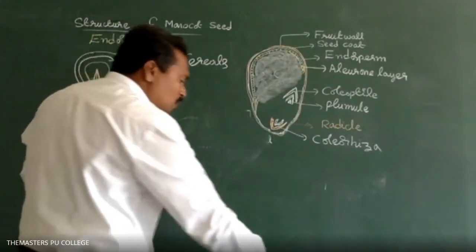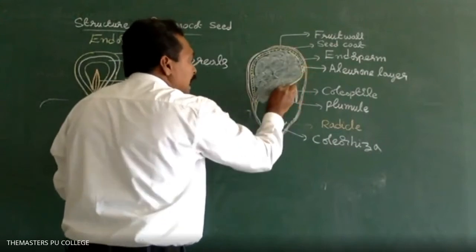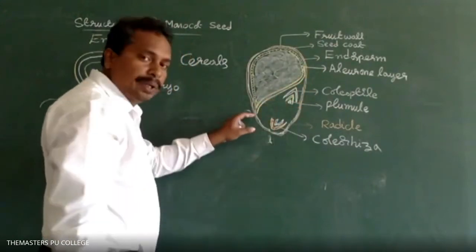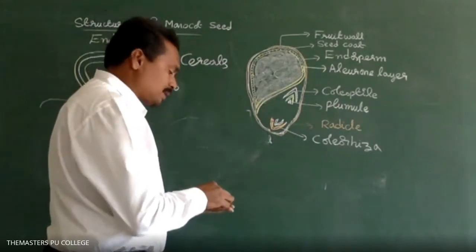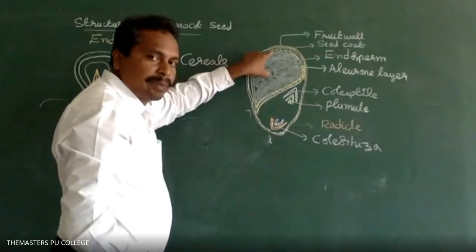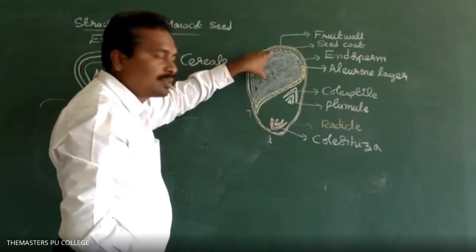The outermost layer of the endosperm, which separates the embryo, is called the aleurone layer. Sir, it's a proteinaceous layer, no, sir? Yes. This is the endosperm, the major part, bulky and storing the food material.